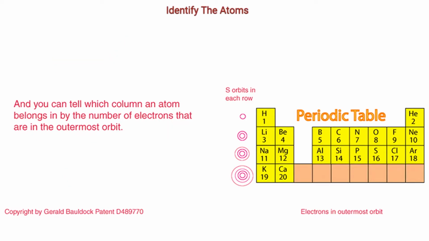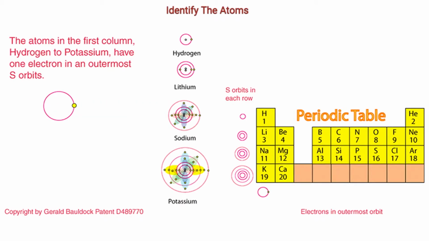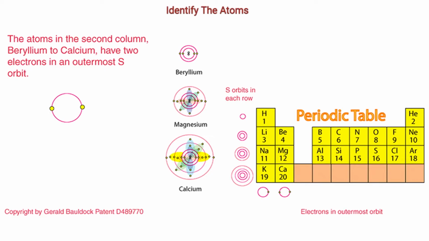And you can tell which column an atom belongs in by the number of electrons that are in the outermost orbital. The atoms in the first column, hydrogen to potassium, have one electron in an outermost s orbital. The atoms in the second column, beryllium to calcium, have two electrons in an outermost s orbital.